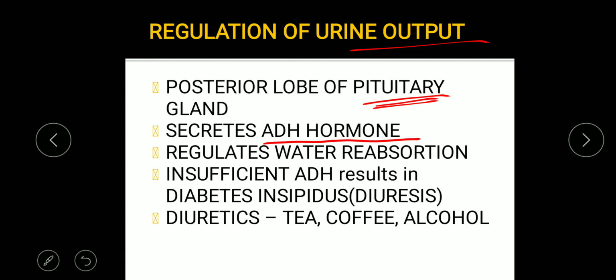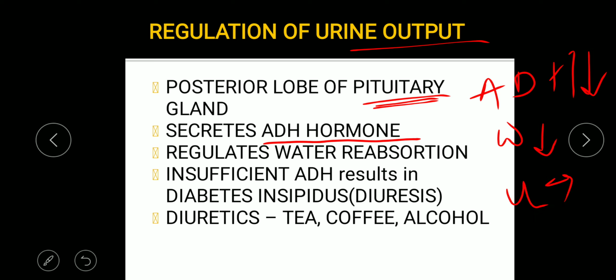So this hormone regulates the water reabsorption. So if the ADH secretion by the posterior lobe of the pituitary gland decreases, the water reabsorption from the urine will also decrease. Therefore the urine will have a higher level of water, and this will result in frequent urination, and this diabetes is known as diabetes insipidus or diuresis.